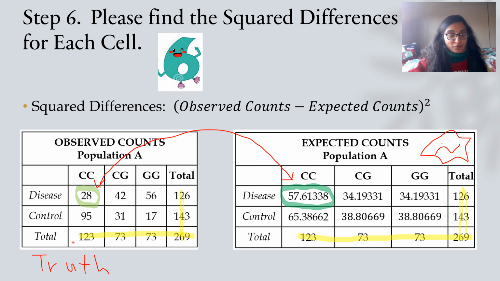Given that there are 123 out of 269 individuals with CC and that 126 out of 269 people have the disease, we would expect, if there was no connection based on independence, that falling in this genotype and having the disease, if they're truly independent, this is expected as if the null is true.